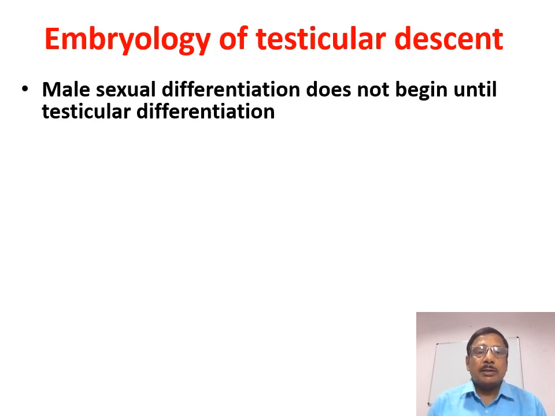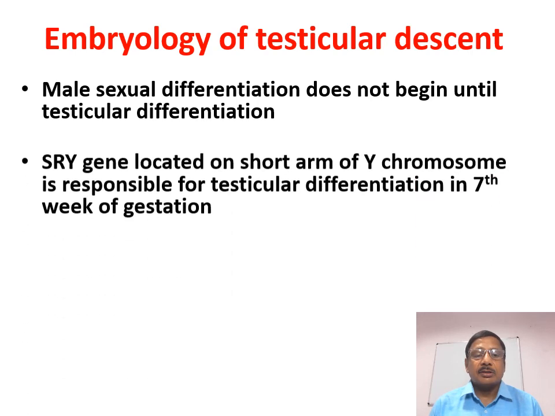So if we look into the embryology of testicular descent, whenever there is conception, the chromosomal sex is decided as soon as the X chromosome meets the Y chromosome. But male sexual differentiation does not begin until testicular differentiation within the fetus.